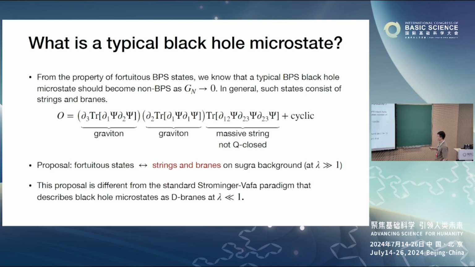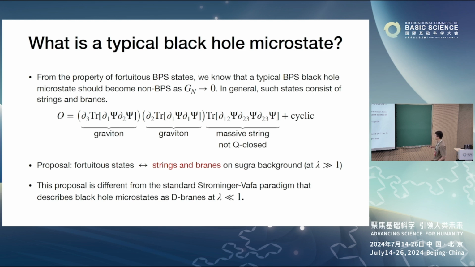And it's actually very hard to imagine any supergravity solution that can have this property. So that led us to propose this conjecture, that the fortuitous states correspond to strings or D-branes on a supergravity background.